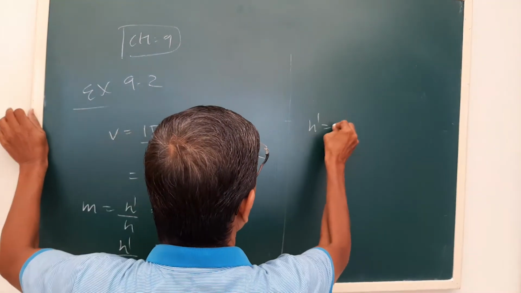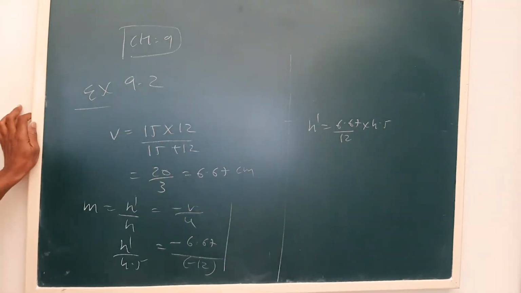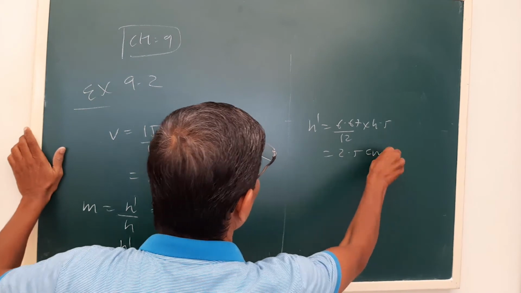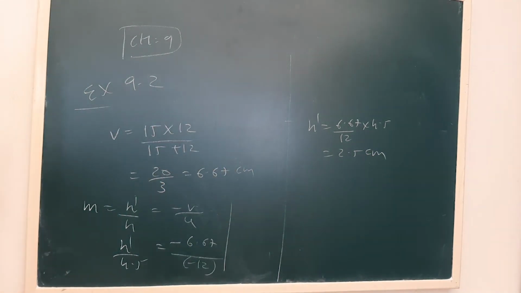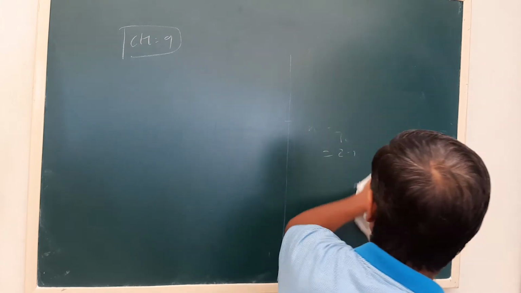So h dash is equal to 6.67 into 4.5 upon 12, which gives the height of the image as 2.5 centimeter. So this is about exercise sum number 9.2. Now next we have to see exercise sum number 9.3.